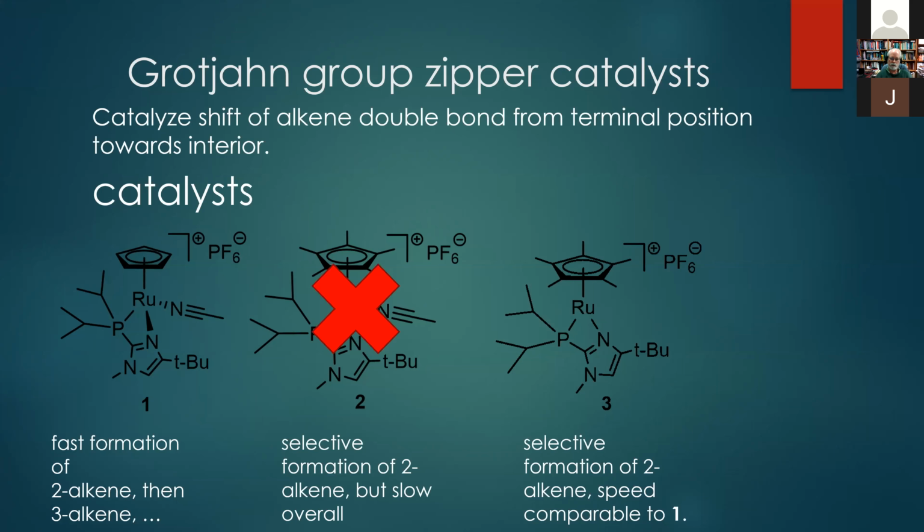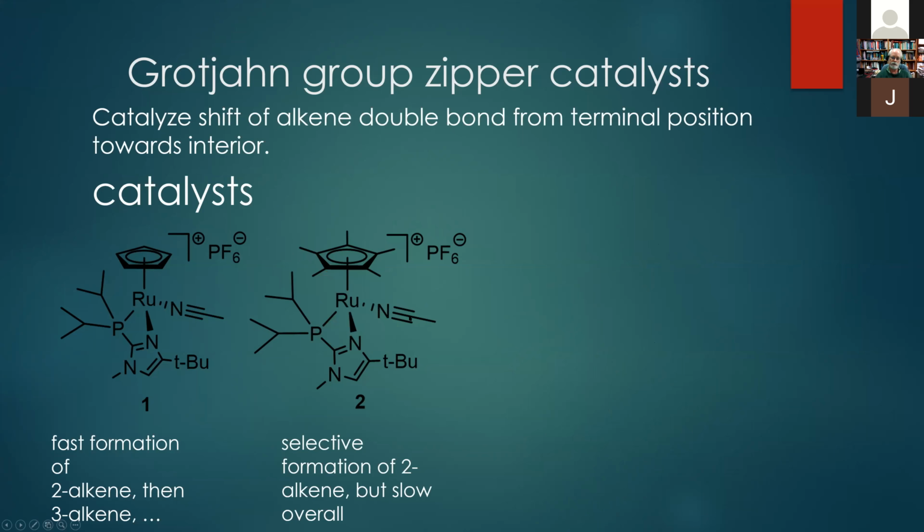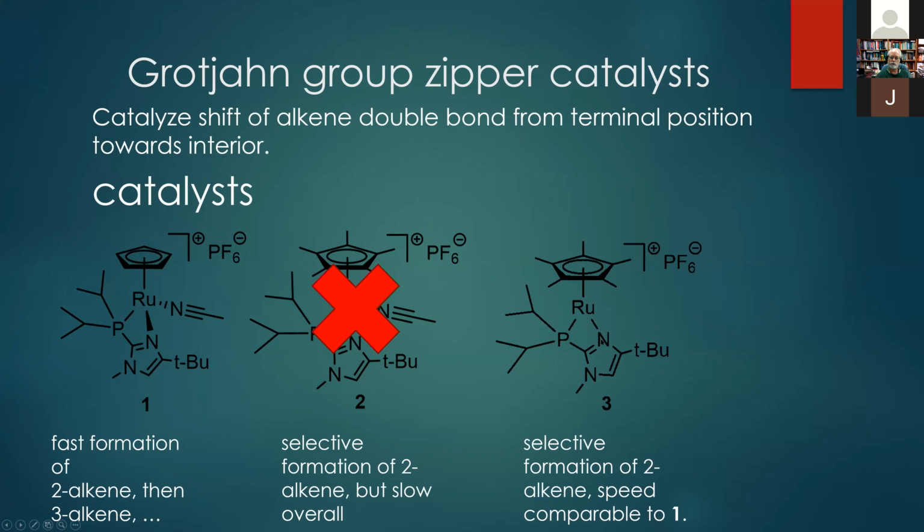And you can see actually the main change is that we've taken away this molecule, an acetonitrile, to allow the nitrogen in this ring to bond directly to the metal. And this now gives, again, an opportunity to isolate the very first reaction product that's formed before the reaction continues on, but at a speed that's not quite as fast, but still comparable to what was obtained for catalyst number 1 here.